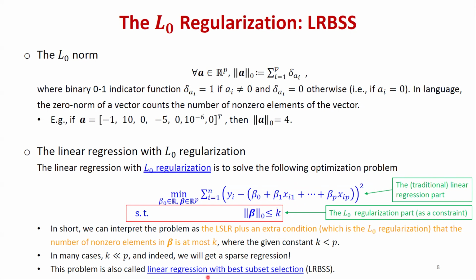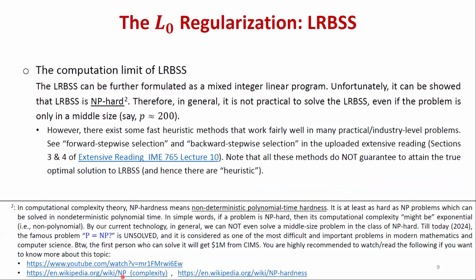So technically, this is a linear regression with best subset selection. And it's proved, the proof is in the paper, if you're interested you can have a look, that this problem is NP hard. Some of you may not be familiar with the meaning of NP hard. Using some simple language, NP hard is something we call a God-difficulty problem, which is non-deterministic polynomial time hardness.